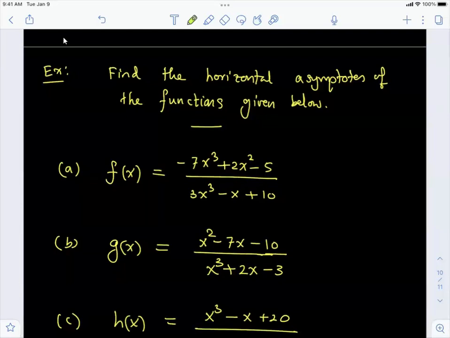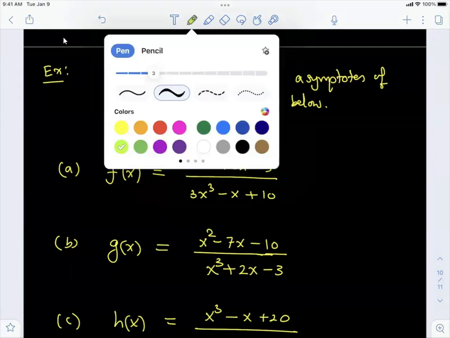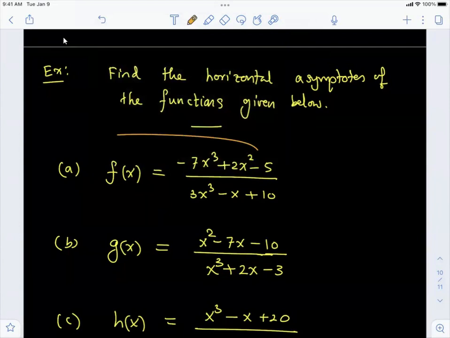And now, based on these observations, if I ask you to write down horizontal asymptotes of these functions, it is going to be super straightforward. Look at this. What we need is horizontal asymptotes only. To find horizontal asymptotes, all you need to do is look at the limit at positive and negative infinity.